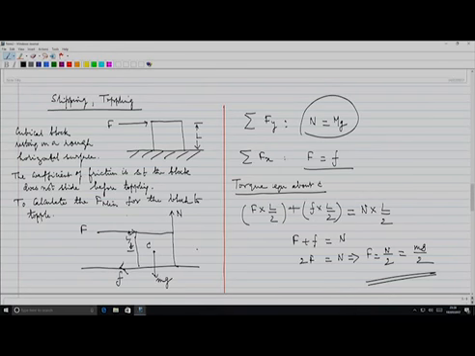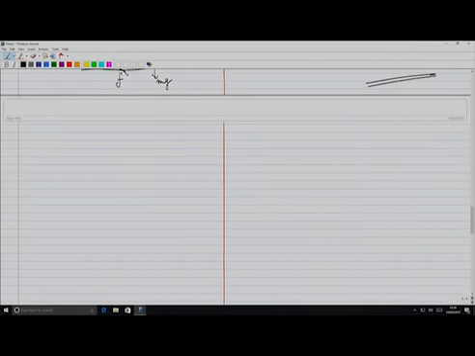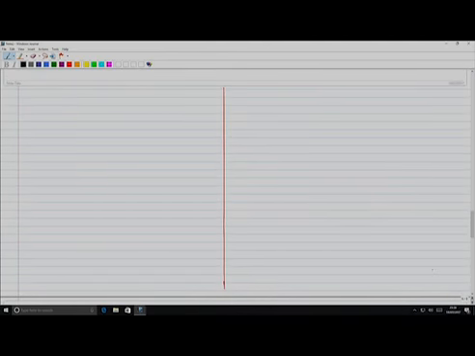So take the torques and equate them and the problem is solved. F minimum is, in fact amazingly, half of the weight of the body.